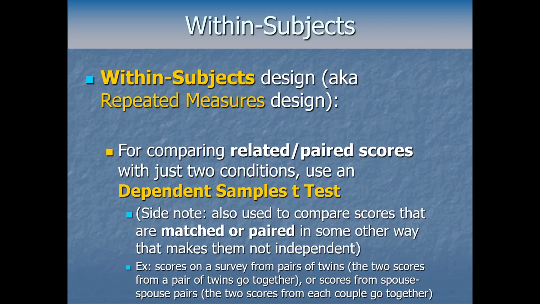And since they're related in this way, we would do the dependent samples t-test. A common example, though this is really heteronormative, would be asking husbands what percentage of chores they think they do, and then asking their wives what percentage of chores they think the husband does. You would use a dependent samples t-test to see if the men on average perceive their contribution to be higher than what their wives perceive the husband's contribution to be.